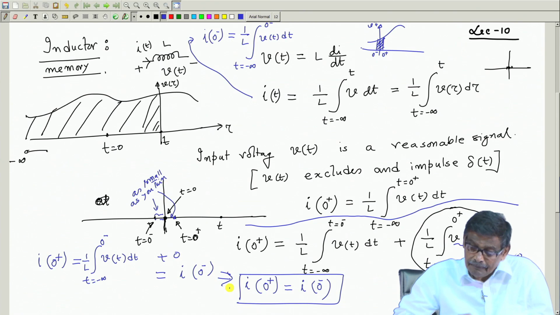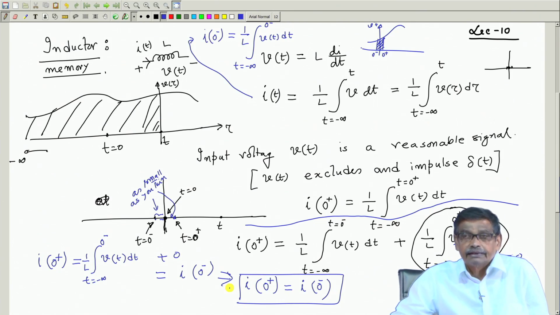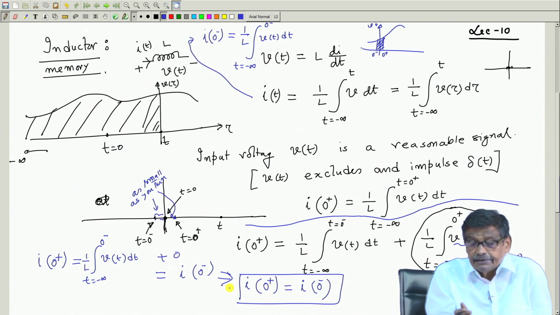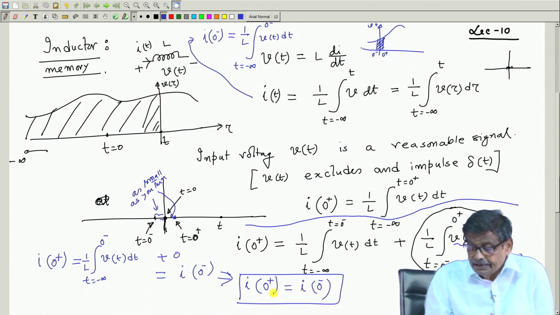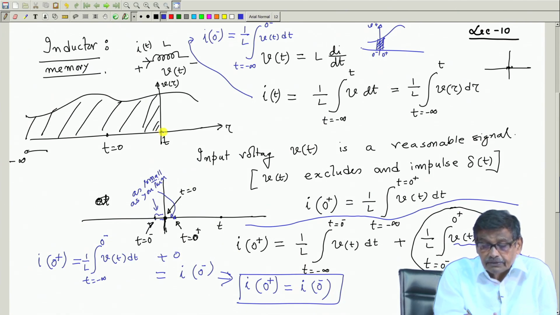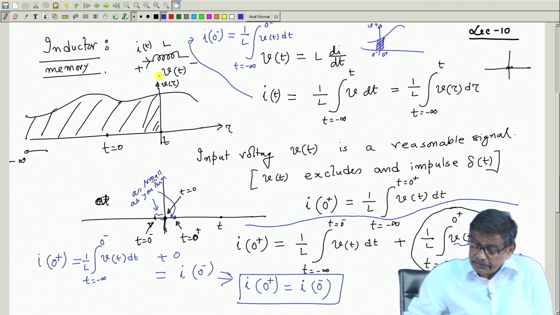Got the point? Therefore, from this we conclude that for an inductor excited by signals which are not impulse signals, the current existing just prior to switching in the circuit, that is I 0 minus, whatever it was, and you are doing something here, then at t equal to 0 plus, immediately, these two currents must be the same.